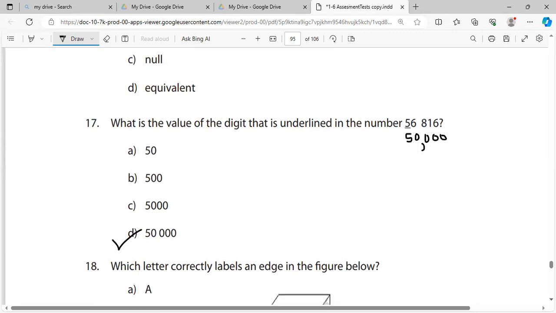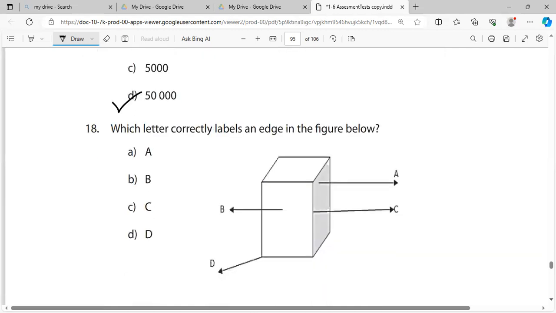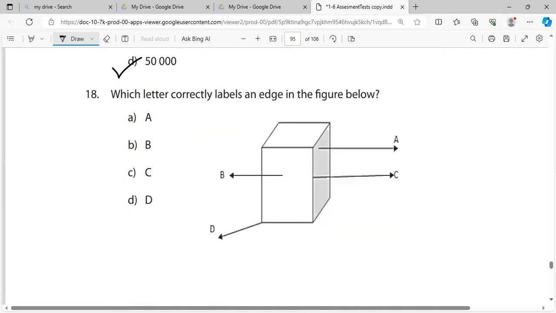Alright, let's go. Number 18 says, which letter correctly labels an edge of the figure below? So here we have a cuboid and they want us to see which labels the edge. So we're looking for the edge. Let us look at each. A would be the face. Both A and B are faces. Are they pointing to the vertex?